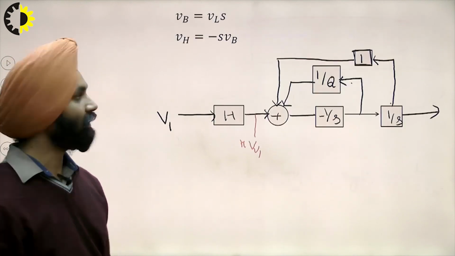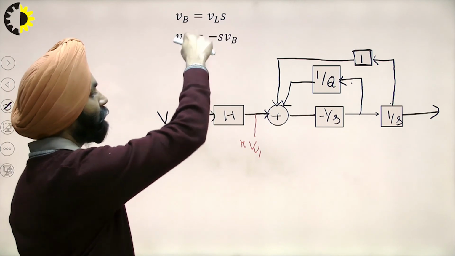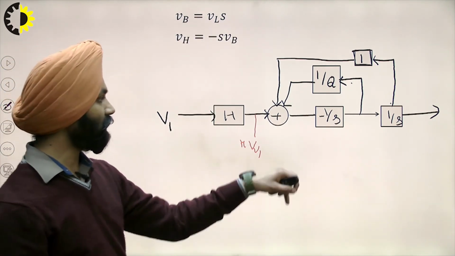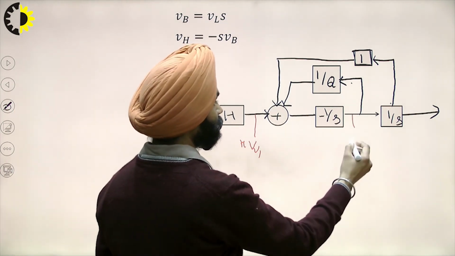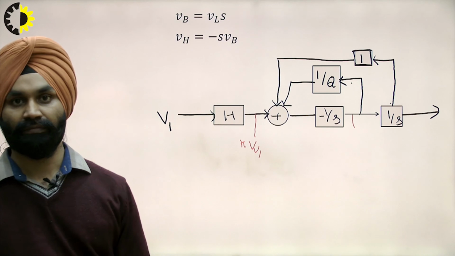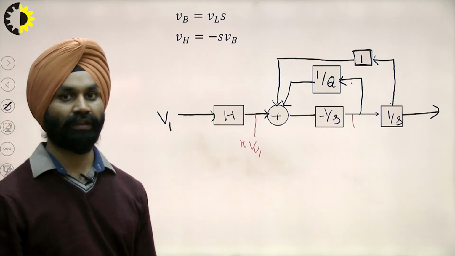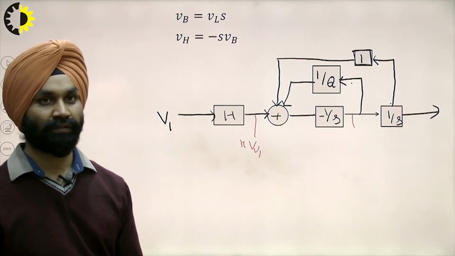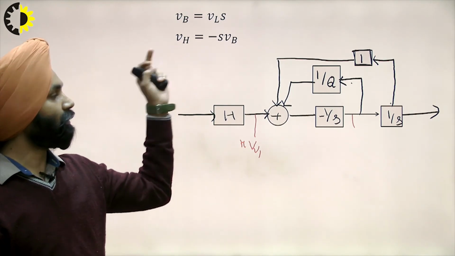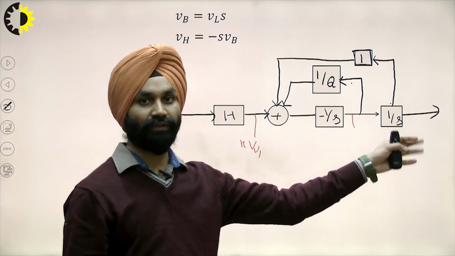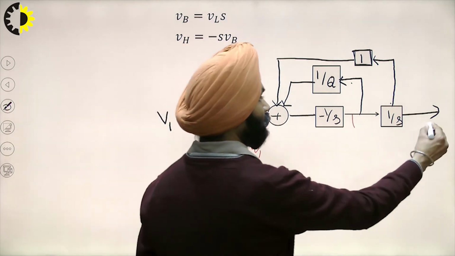The VL is VB by S, so this is VB upon S. So, 1 by S will give 1 by S VB. Again we multiply it by 1 by S, and that will give the VH. So, here we will get the VH.